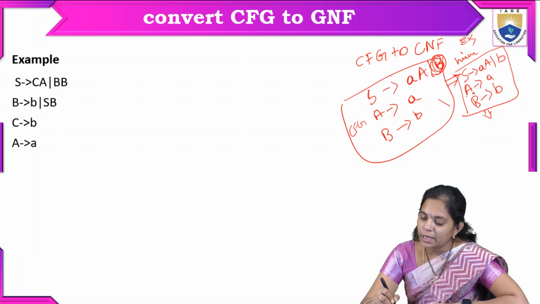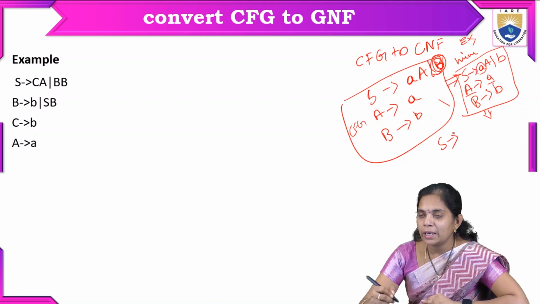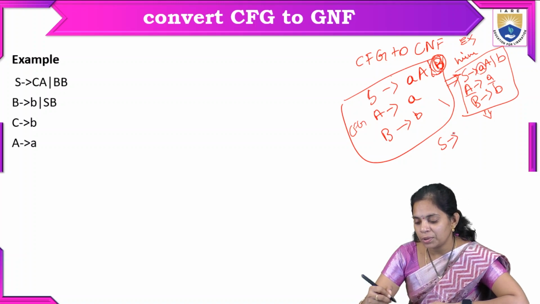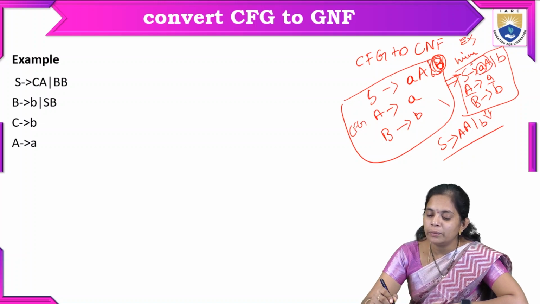Here A tends to small a is already there. Instead of this small a, I require a non-terminal, so that it is capital A tends to small a. I will write it as capital A and capital B. Only here we need to change.